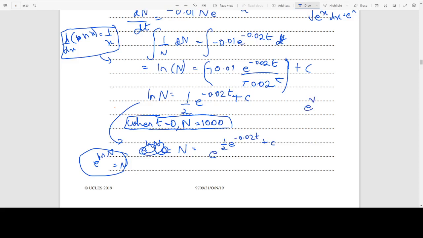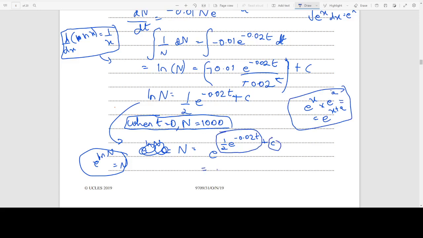product rule, right? If we have e raised to x multiplied by e raised to a, this will give us e raised to x plus a, correct? So we are just going to use this. We have e raised to this term plus this term.